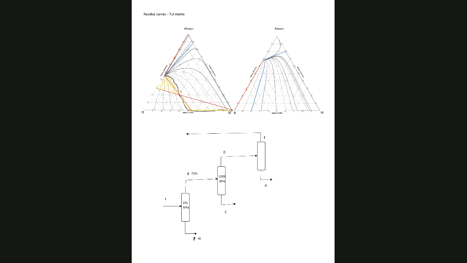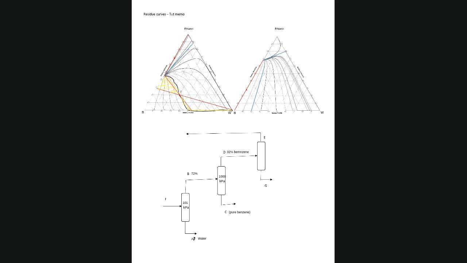And this W, we should actually be calling it A, which is water. Okay. So now D is that 32% benzene.